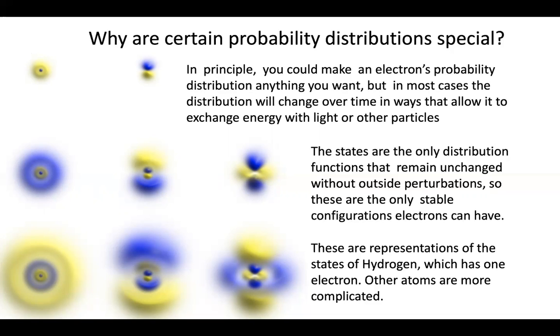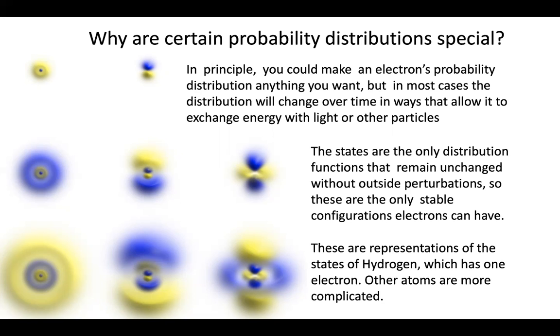The equations for how these probability distributions change with time, those rules of quantum mechanics I talked about at the end of the last video, say that the distribution will start to change and actually change very rapidly. So if you start with charges, say, on one side of a nucleus, they'll drift over to the other side and do all sorts of other things.